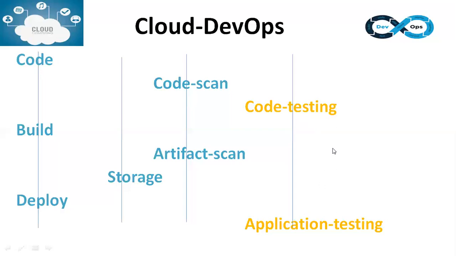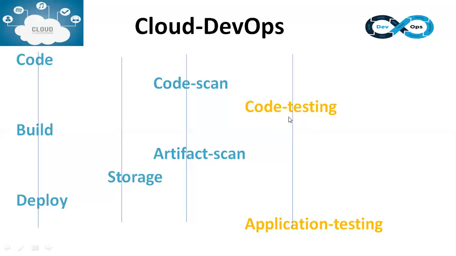In the application testing phase, if we find the application is working fine, its performance is good, and functionality is good, then we'll go to the next stage. That means the last part is to deploy into production. So these are the multiple stages in the DevOps flow, and code testing and application testing we will discuss today.